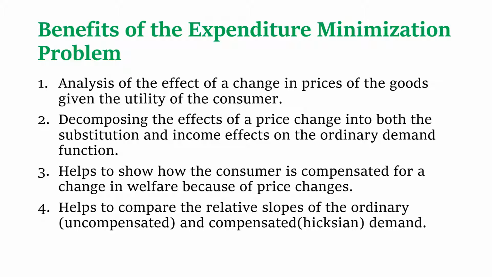Now, I told you earlier, before the lectures, the reason why the Hicksian demand is steeper than the Marshallian demand is because the Hicksian demand incorporates only the substitution effect of a price change, whilst the Marshallian demand, or the uncompensated demand, incorporates both the income and the substitution effects.